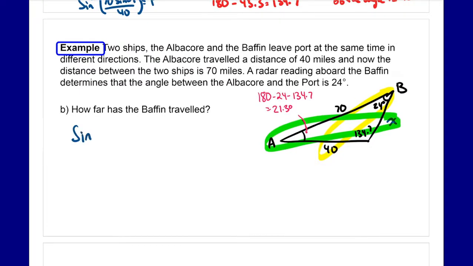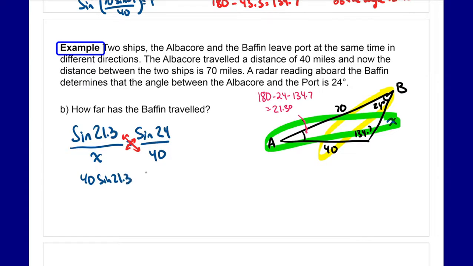So, sine of the angle, 21.3, over the unknown x is equal to sine 24 over the side of 40. Again, once we fill it out, we cross multiply. So 40 sine 21.3 equals x sine 24.